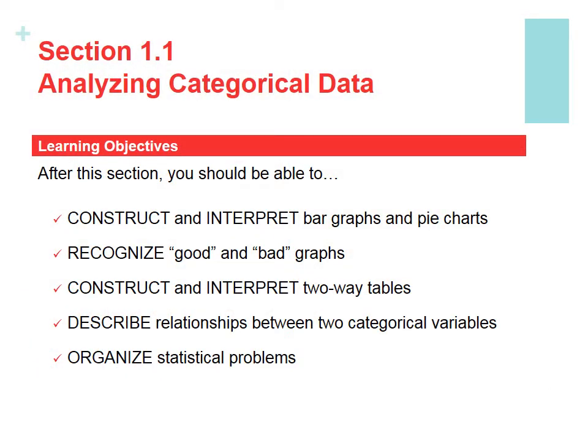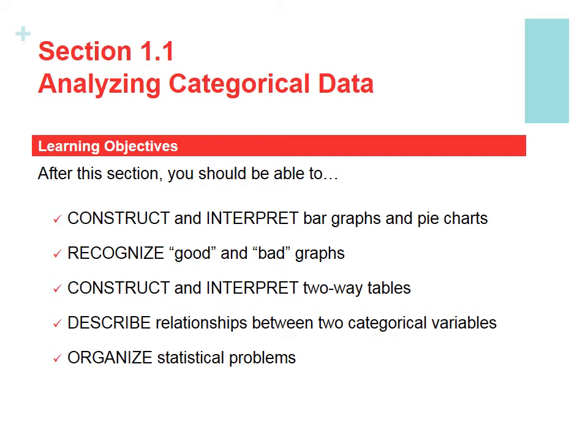In this section, you're going to be able to construct and interpret bar graphs and pie charts. They will show you the distribution of the categorical variable. Understand the difference between good and bad graphs, so making sure that you have a good graph that can demonstrate the data that you are trying to display and interpret.